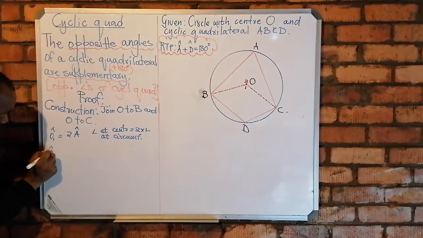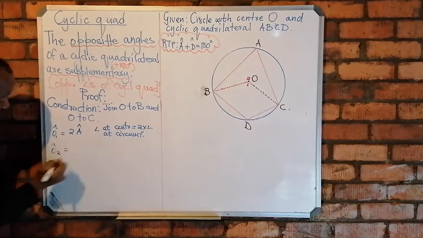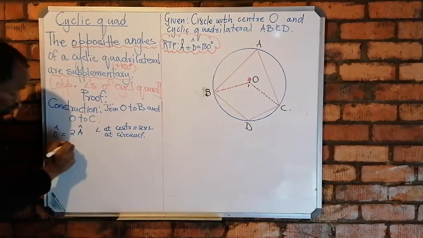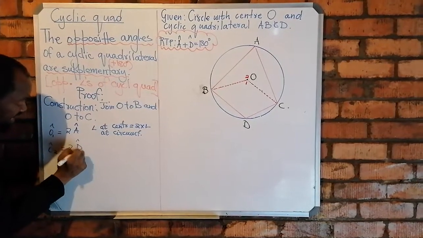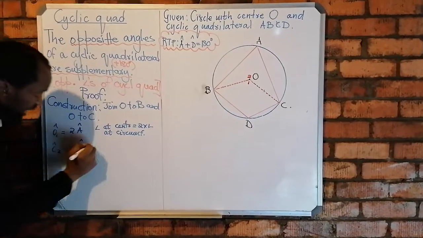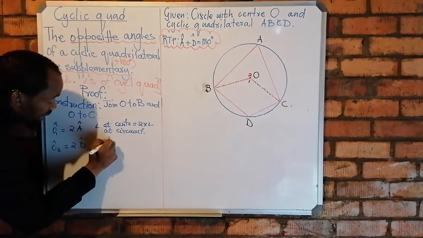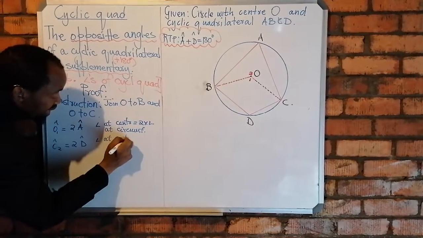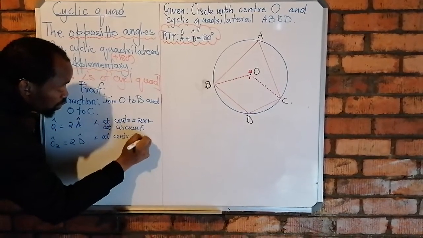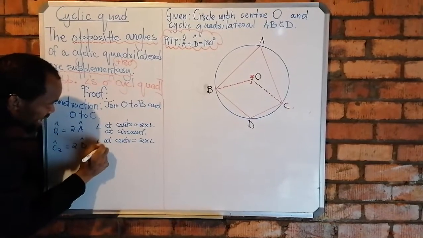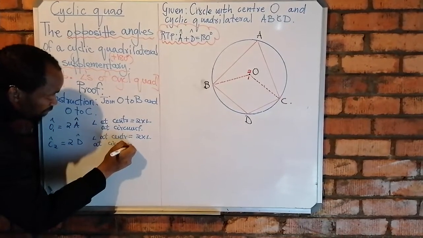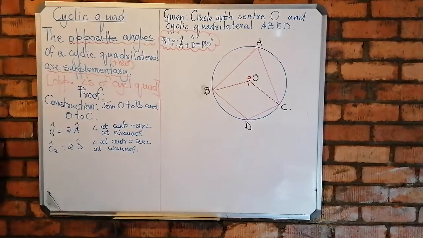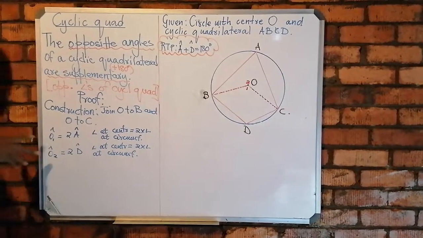That is why we are going to say together angle O2 is equal to twice angle D, folks. What is the reason? Angle at center is equal to twice the angle at circumference. Beautiful mathematics.